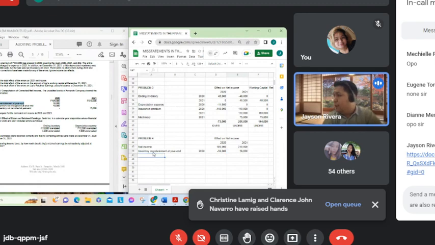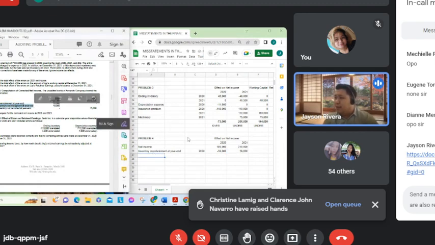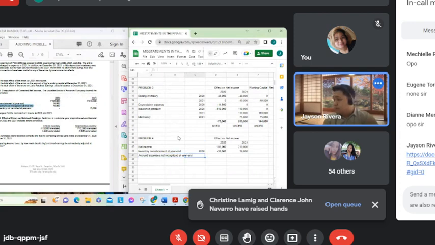So add 36,000 here. Next, accrued expenses not recognized at year end 2020. So accrued expenses not recognized in 2020 will result to unrecognized expense or understated expense.